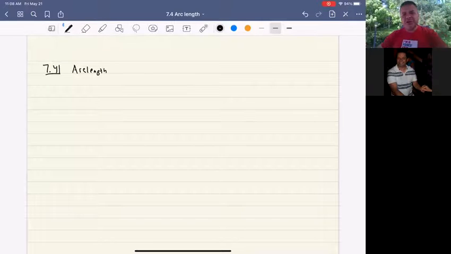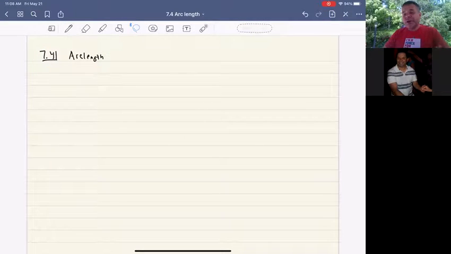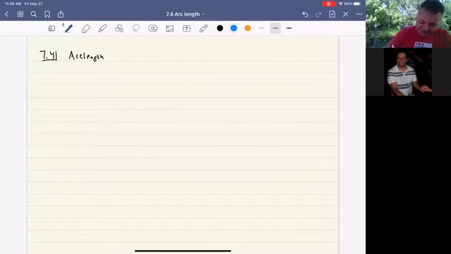Okay, and actually arc length, I don't sleep on arc length. I used to be like, oh, it's just arc length. But arc length is actually one of the sort of pillars of modern science. I know it seems weird, and maybe it feels like I say that for everything.